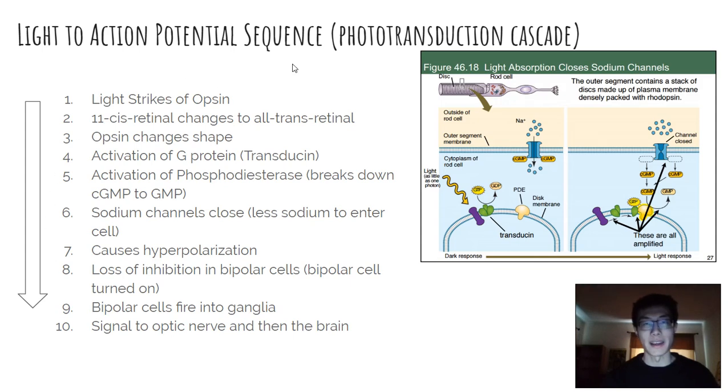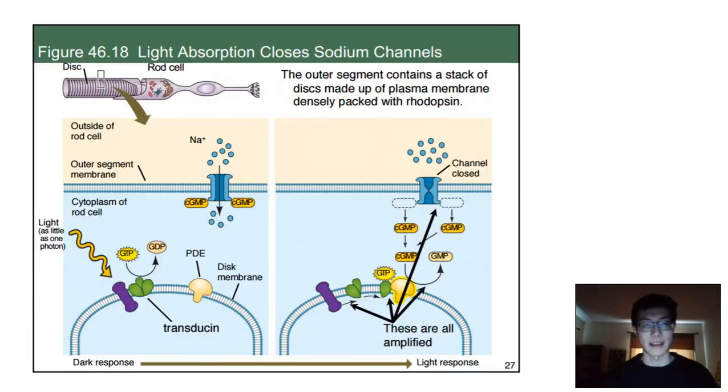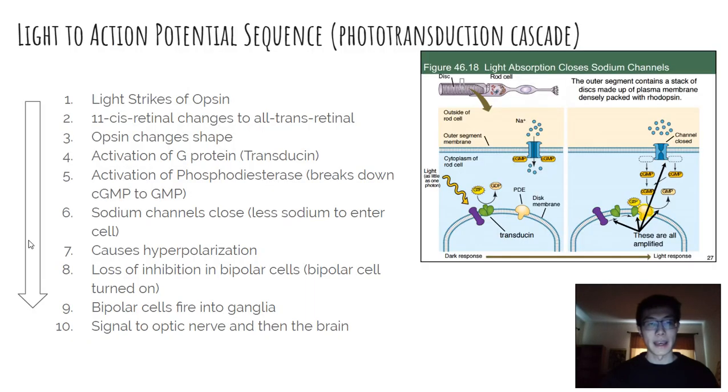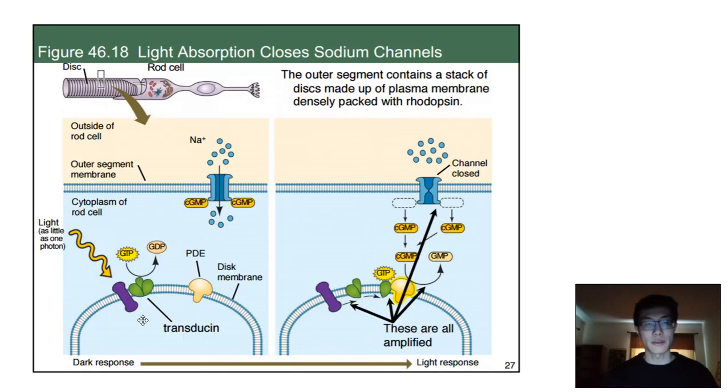So this is the phototransduction cascade, starting with just a photon of light, or maybe more than a photon of light, striking the opsin. The opsin inside has a retinal molecule that's originally in the 11-cis formation. It's going to change into the all-trans formation, so it changes from 11-cis retinal to all-trans retinal.